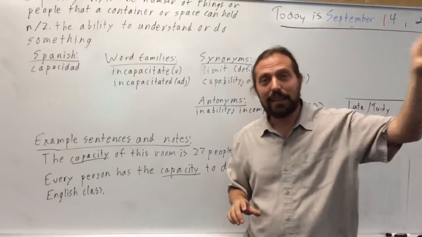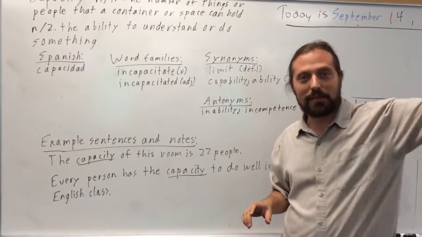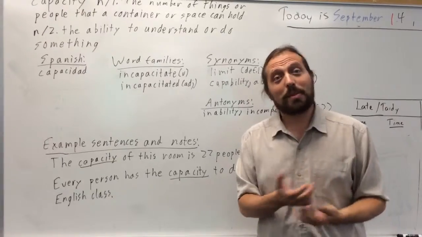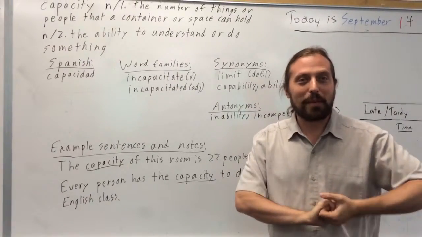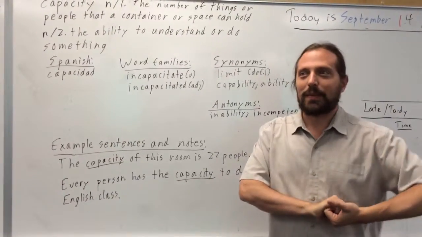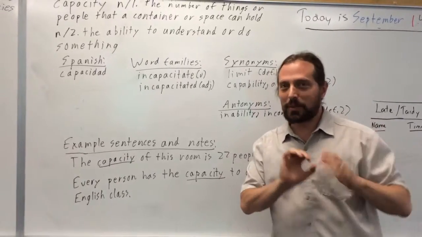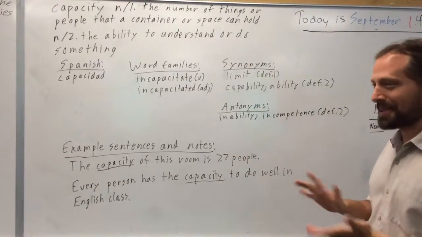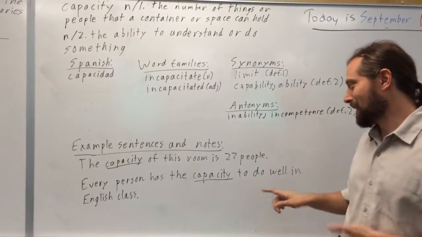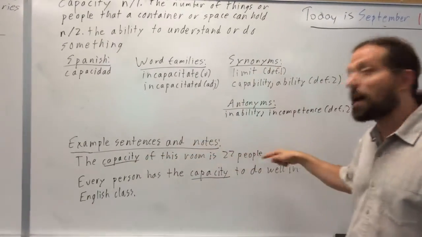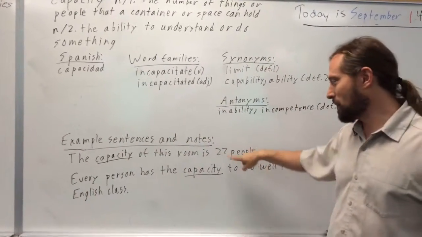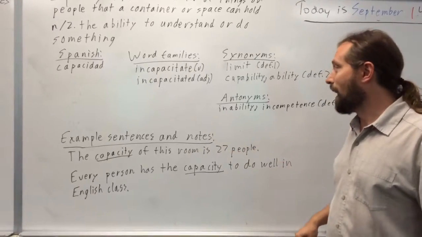It says the maximum occupancy for this room is supposed to be 27 people. That's the capacity of this room, so that's what we should stick to for how many people are in this room, if we want to follow the rules.